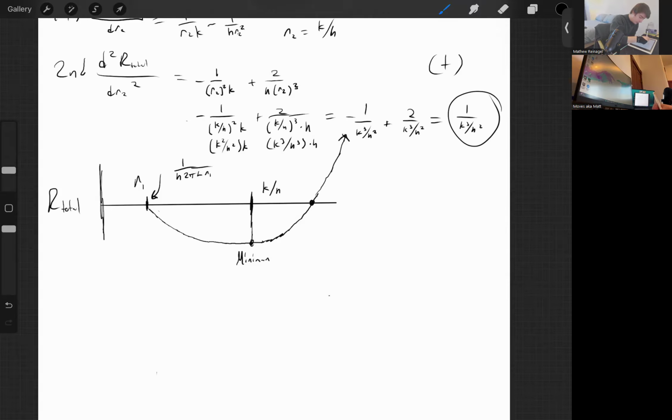If we're not targeting our minimum value, but instead the value at which this finally reaches the initial total resistance, then we can set it equal to that. That gives us a real value for the insulator thickness, and anything beyond that is actually going to give us insulation for our pipe.